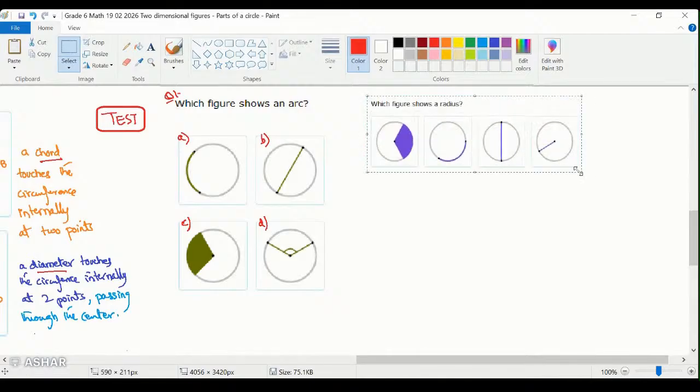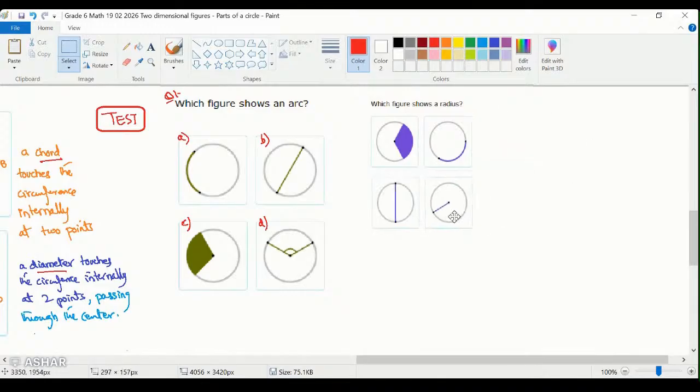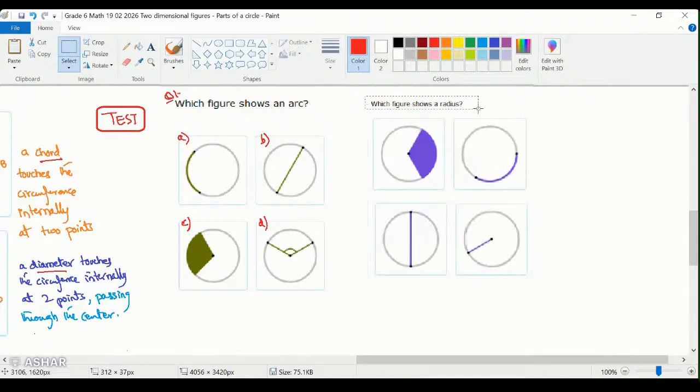Answer to question number 1. Yes, thank you. We know that an arc is a part of the circumference. This is an arc, right? Option A is the correct answer.